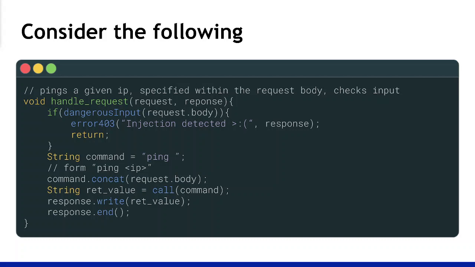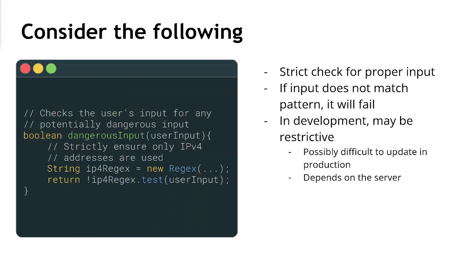But before it does all of that, there's this dangerous input function that's being called. And this can be implemented in a few ways. So, as previously mentioned, this dangerous input could just strictly check for a very specific input, in this case IPv4.